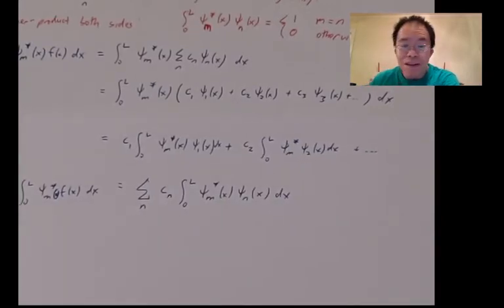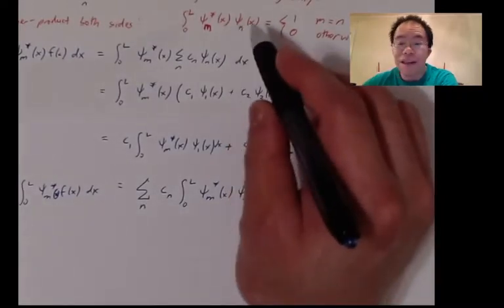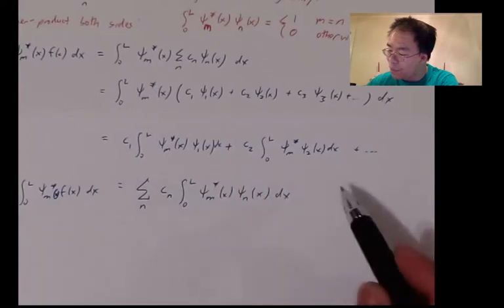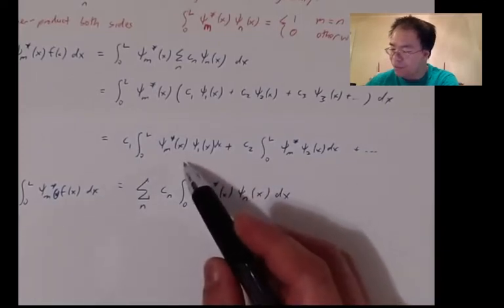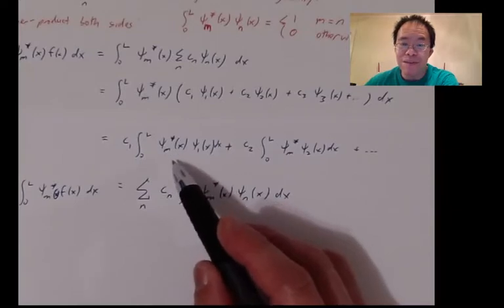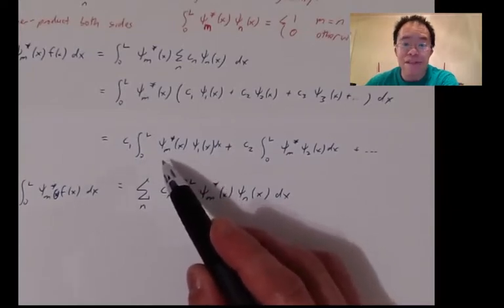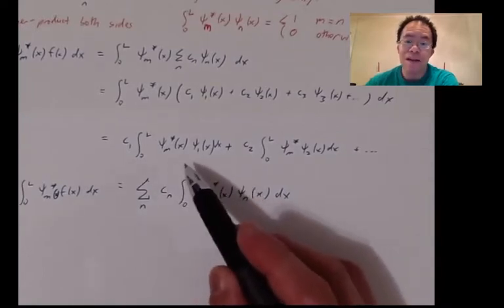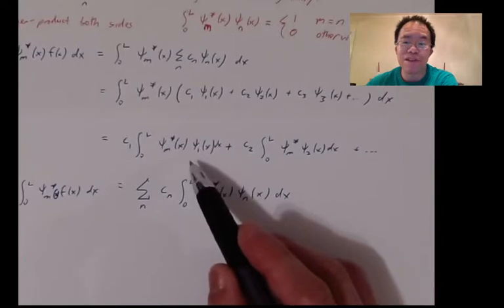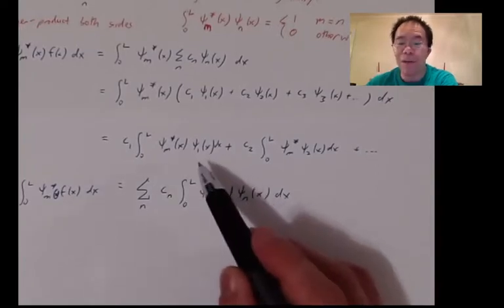But now this is where the orthogonality comes in a critical way, because we have a whole bunch of these. Just look at one of these terms. I think you can see, from the form of this integral, if m happens to be equal to 1, well, this integral by the normalization of stationary states goes to 1.